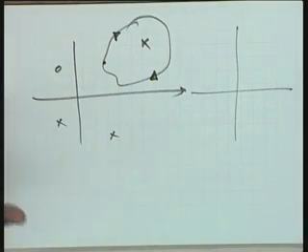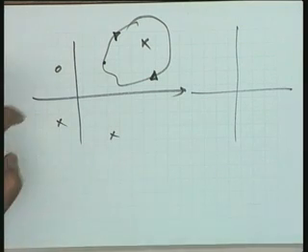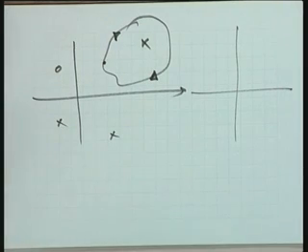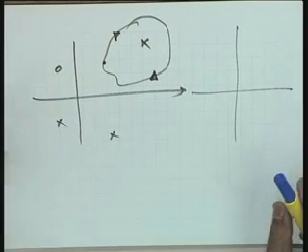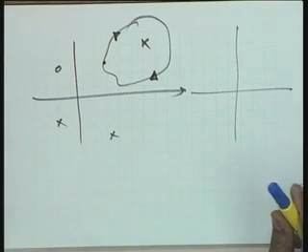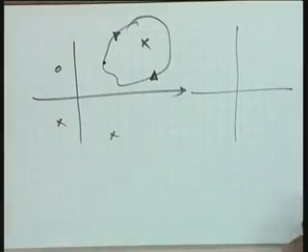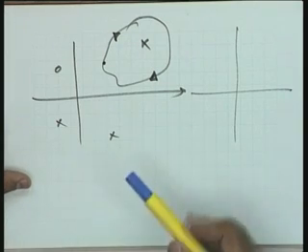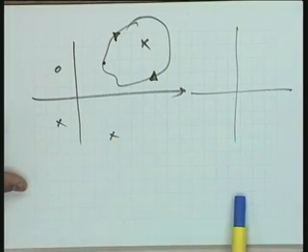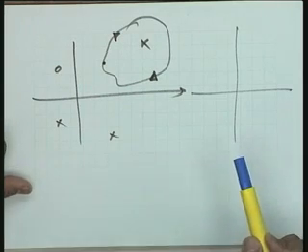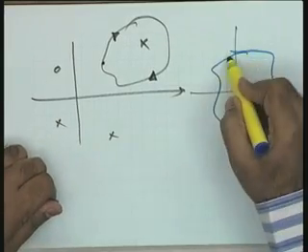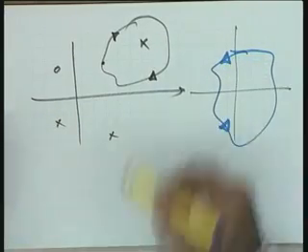Now also the angle is minus 2 pi, but since it is a pole, the net angle contribution is the reverse of that, and therefore it will become plus 2 pi as far as the net angle contribution to 1 plus GSHS is concerned. The angle is minus 2 pi as you traverse this way in the clockwise direction, but since this pole is in the denominator of the function 1 plus GSHS, the net angle contribution is plus 2 pi, and therefore the net encirclement of the origin is going to be once in the counterclockwise direction.